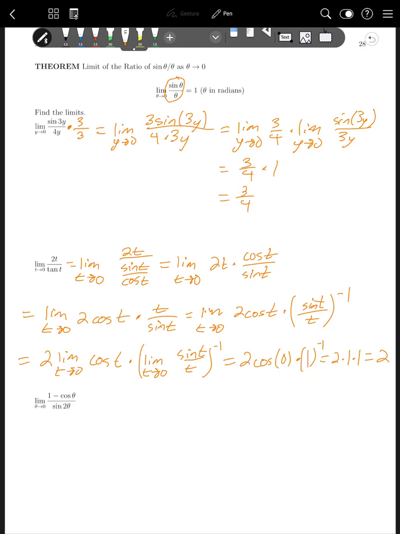Well, let me use a different color because this is close here. Sine of 2 theta is equal to 2 sine theta cosine theta.